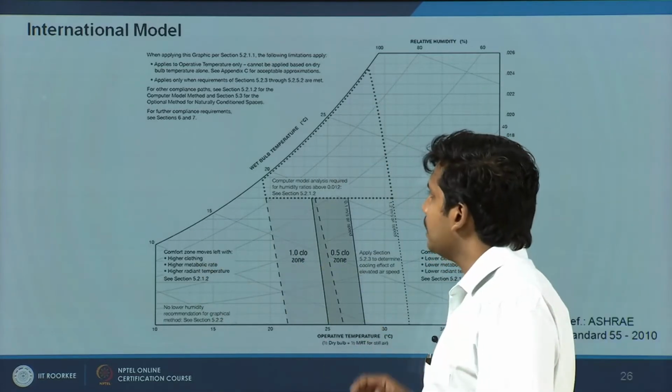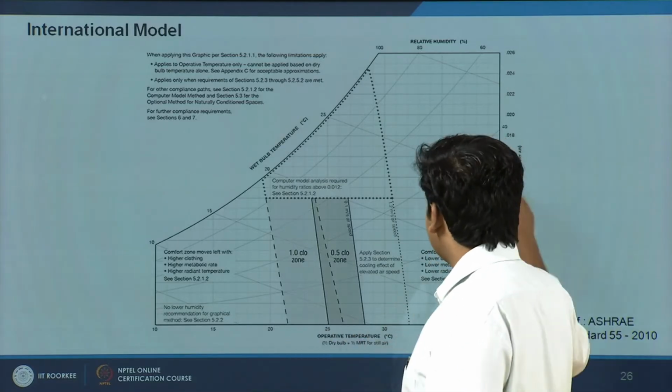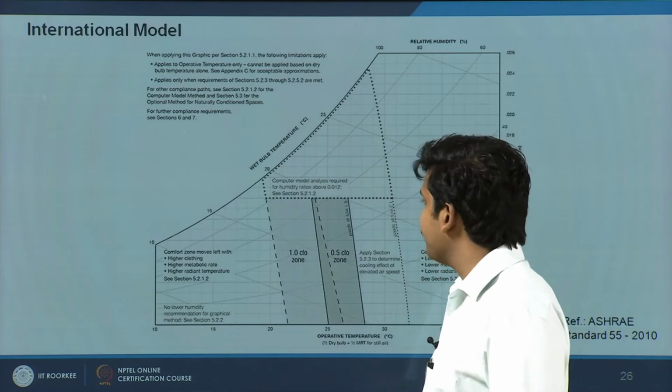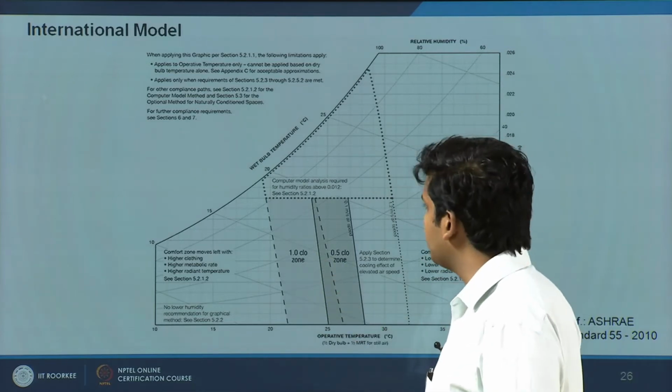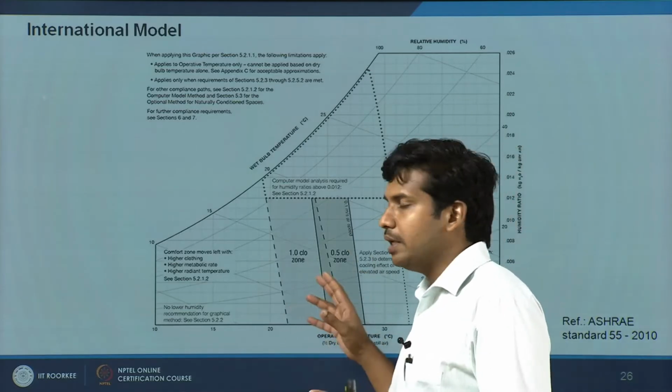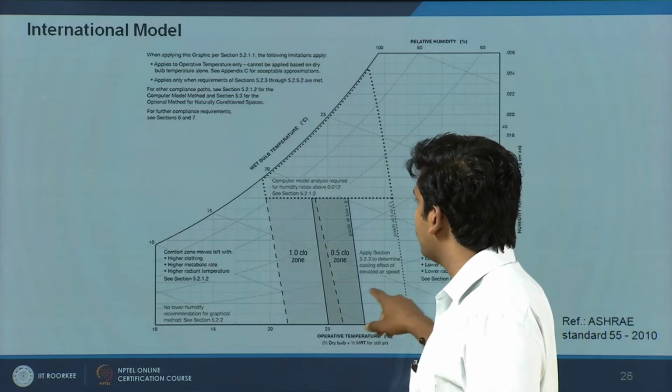Now comfort is defined based on environmental conditions, here temperatures and humidities. Apart from this, you also have clothing insulation and metabolic activity, the personal variables. This comfort zone includes all these factors. There are two boxes, if you look closely.